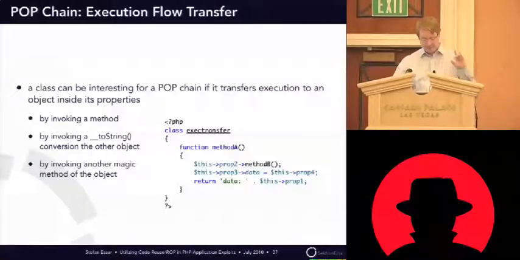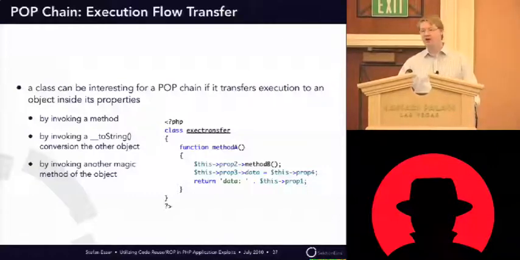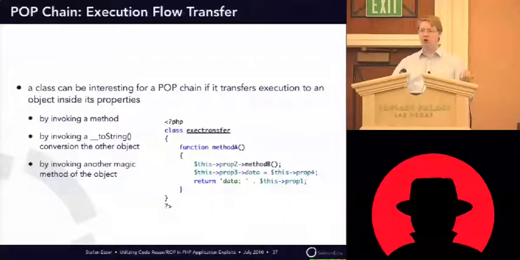The next thing you always need in a POP chain is a way to transfer control from one object to the method of another. Because you usually will not find a destructor that does something very interesting for you. In the past, you could find destructors that were deleting files, so you could delete a file immediately.